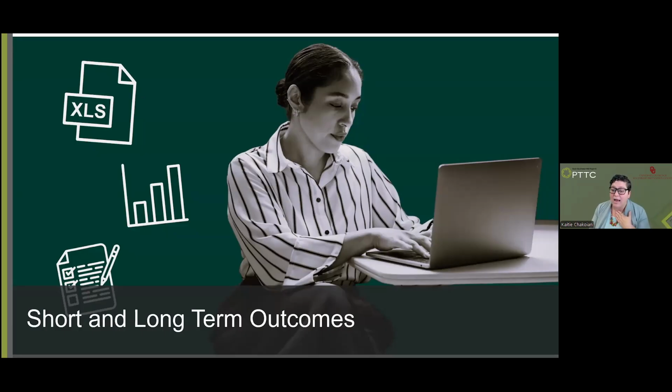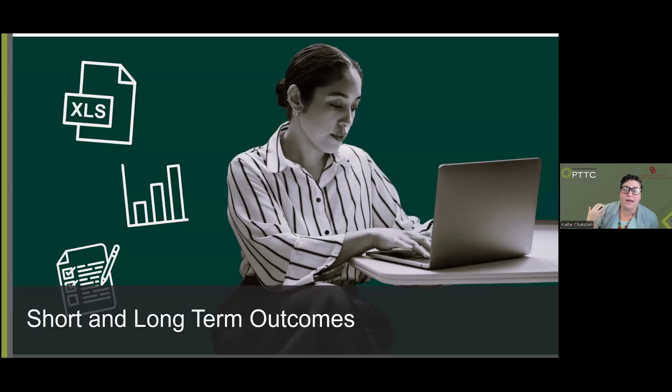So short-term outcomes typically refer to changes in knowledge, attitudes, or behavior. So things like, I intend to do this, or I now understand this differently. Intermediate outcomes include actions by participants that are based on what they learned. So over the past 6 months, I have changed my behavior in this way.